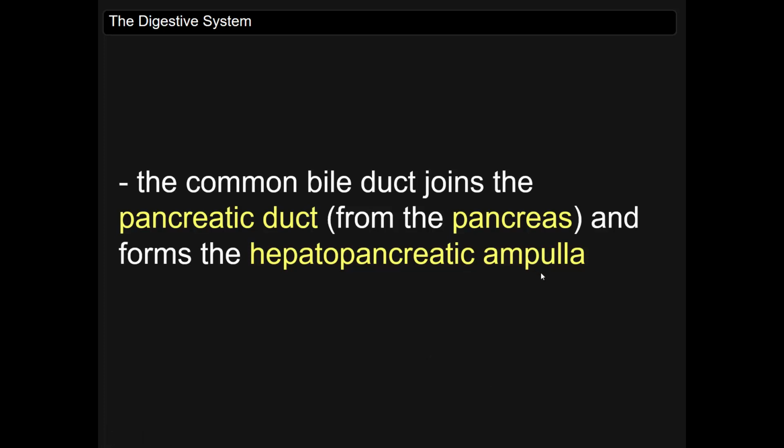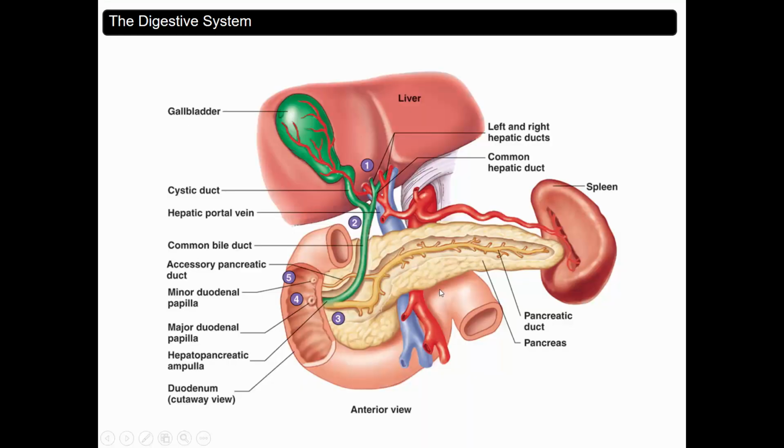It's like water, but with a V, so V-A-T-E-R. So ampulla of Vater, for me that's easier to say and easier to remember. I mean, this hepatopancreatic ampulla, the word makes sense, but it just doesn't flow out as well as ampulla of Vater. Alright, so common bile ducts coming down through the pancreas.